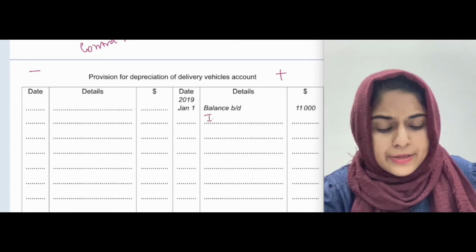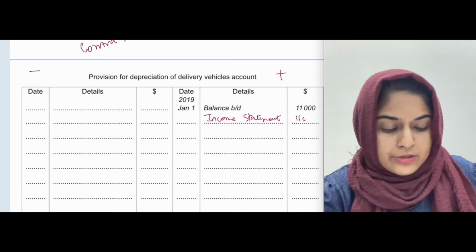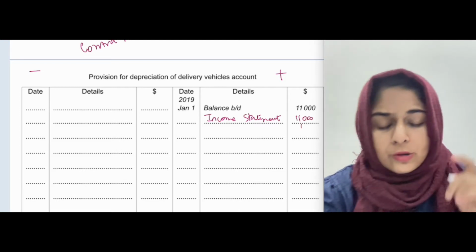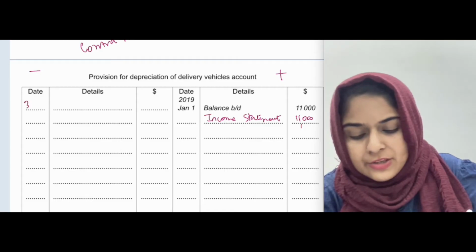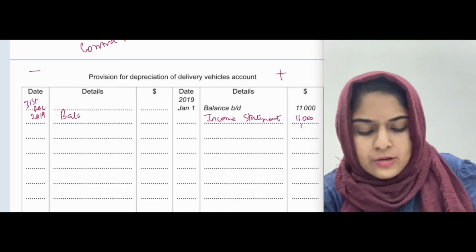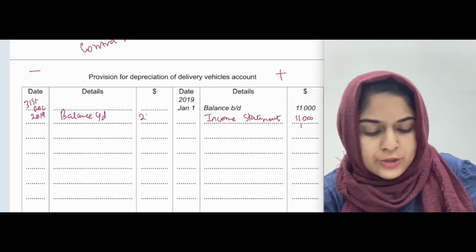So in this account you write income statement and you write 11,000. तो जब आप इसमें 11,000 लिख देंगे तो अब हमारी accumulated depreciation at the end of the year on 31st December 2019, your balance carried down will become 22,000.